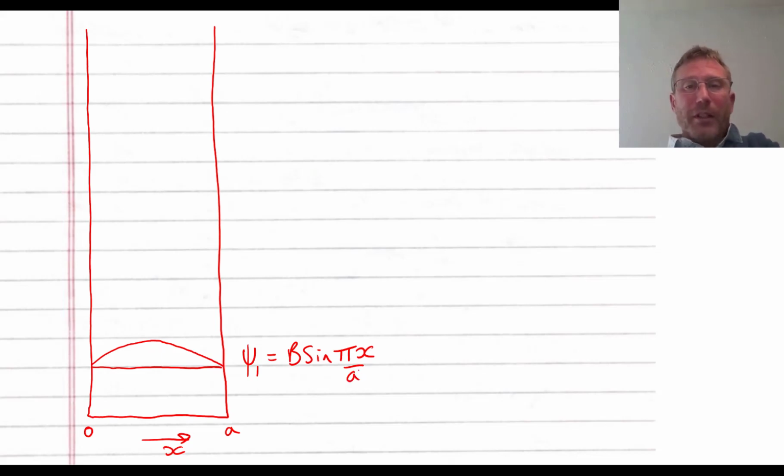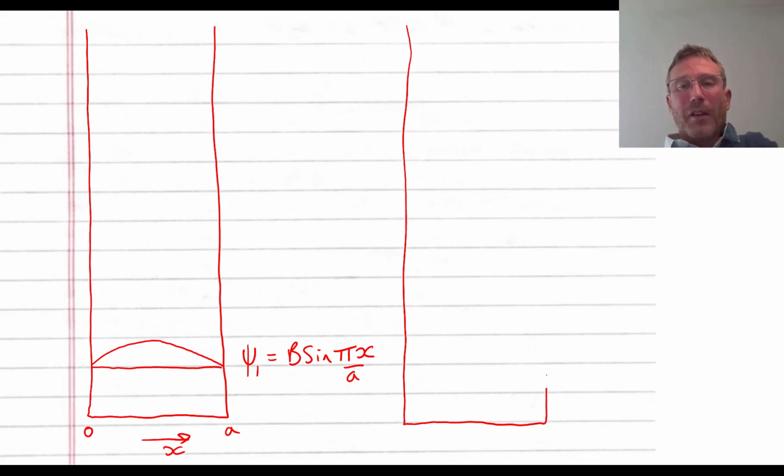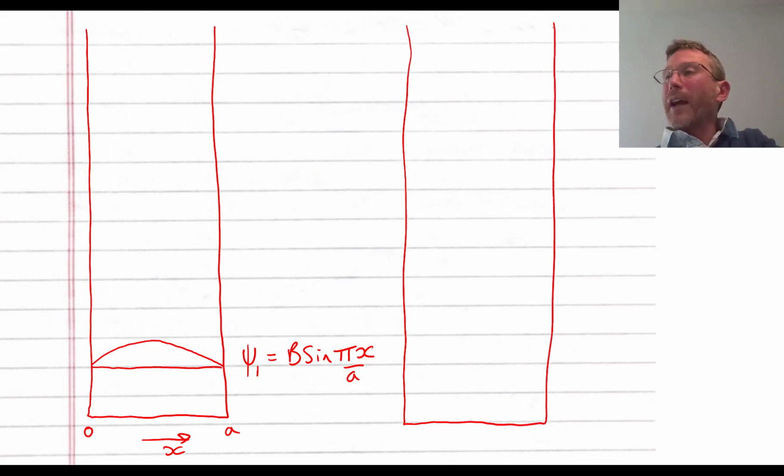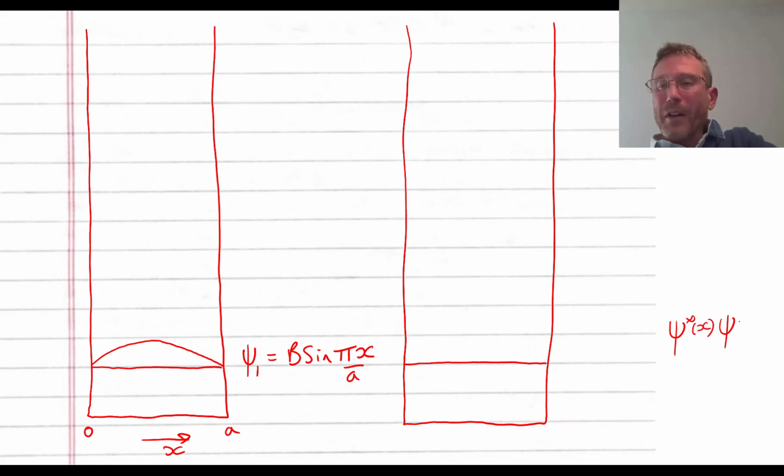We've also got, actually let's draw on the right hand side here another box, and on this box on the right hand side we're going to draw in fact the probability density. So we're going to imagine squaring these, because remember our probability density is psi star of x times psi of x.